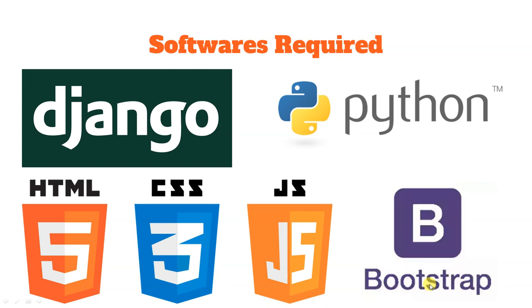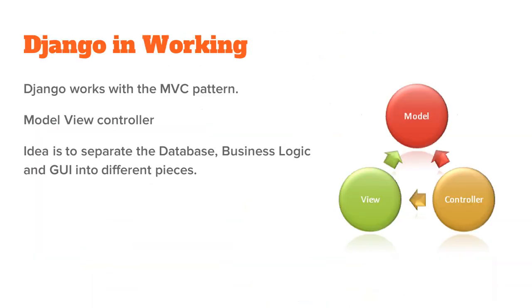The CSS does not get distorted, it remains, so it is device portable. Next, we move ahead to Django. This is our main component that we are going to study. We are going to understand the complete framework of Django, what are the inbuilt components and how we can reutilize them for our development.